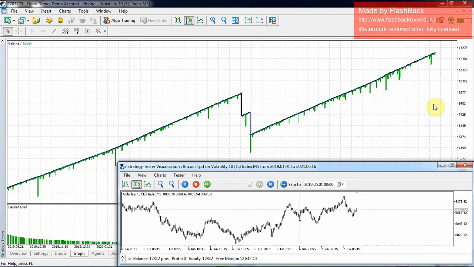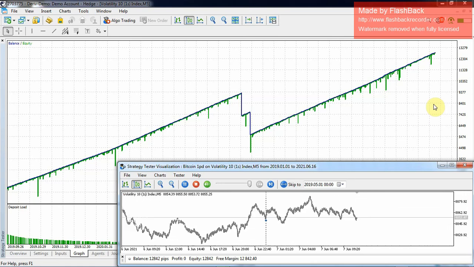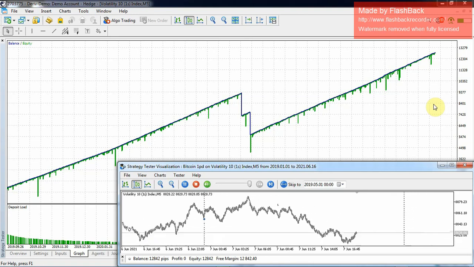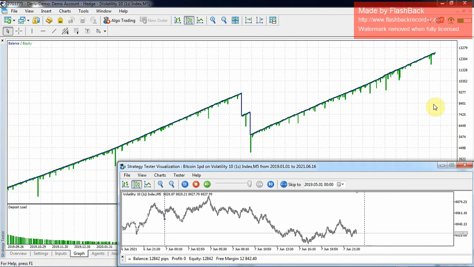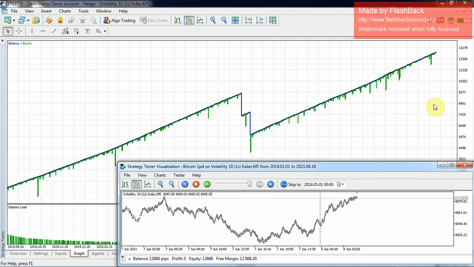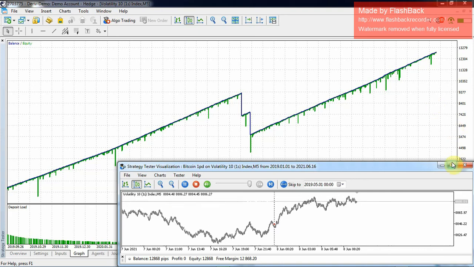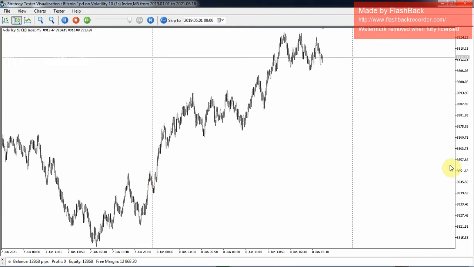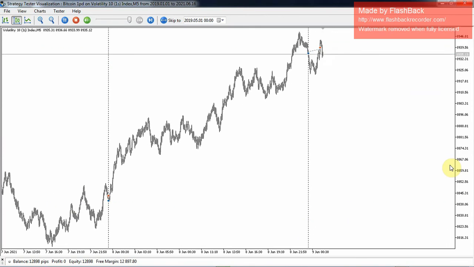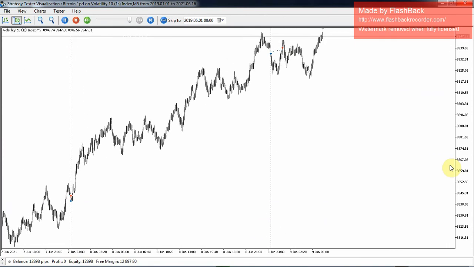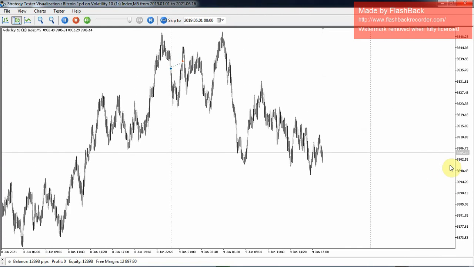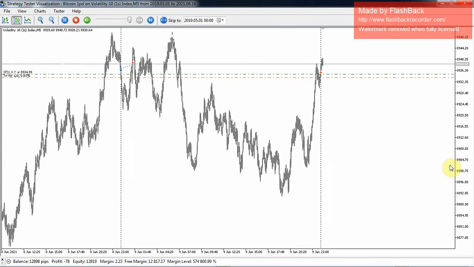The backtest should end, I think, on the 16th or 15th of June, if I'm not mistaken. We're on the 7th, the 8th now. The backtest is still running. We are on the 9th of June now.